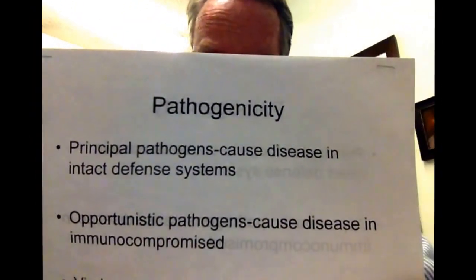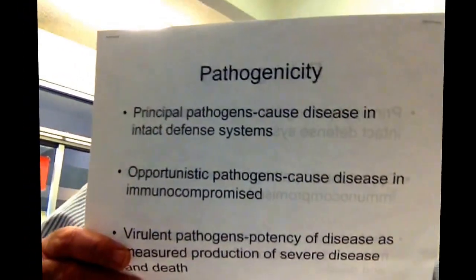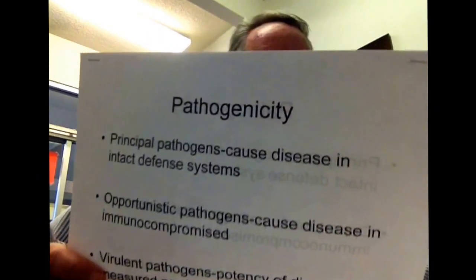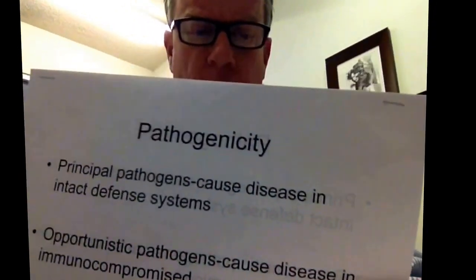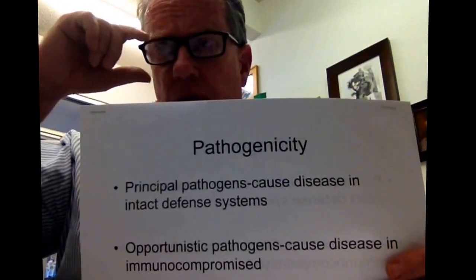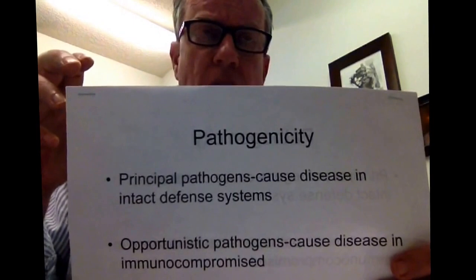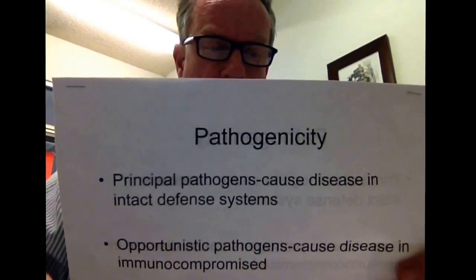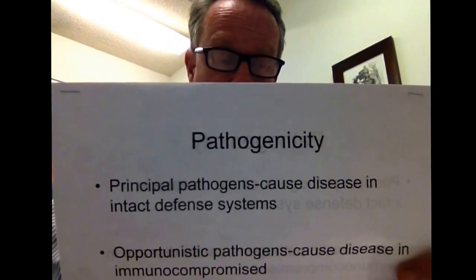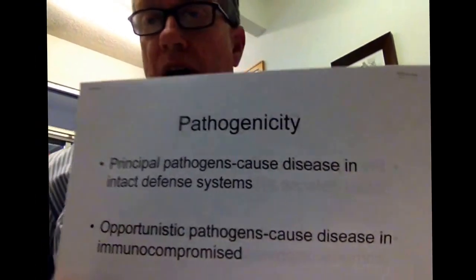Virulent pathogens. The word virulence has some meaning for me. As a matter of fact, I went to the medical dictionary, because it has different meanings. If the context is a medical context, then the definition is the relative power and degree of pathogenicity possessed by the organism.